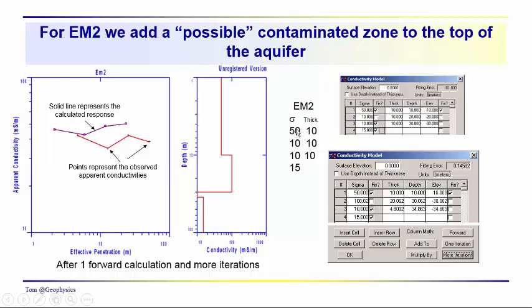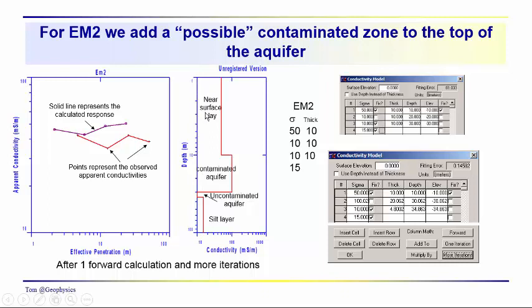So what we do is we put in conductivities of 50, 10, 10, and 15, and we put in thicknesses of 10, 10, and 10. And after one forward calculation, we see that we don't quite have a match yet.